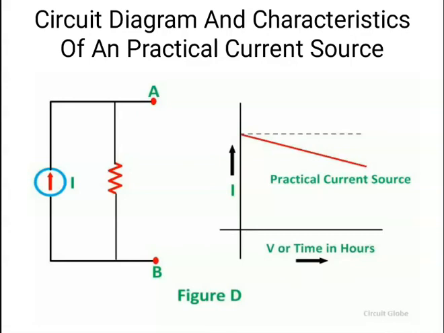Resistance will oppose the current, that is, it will decrease the current. That is why in the characteristic we can see that the current is decreasing as time increases. So this is the difference between the practical current source and the ideal current source.